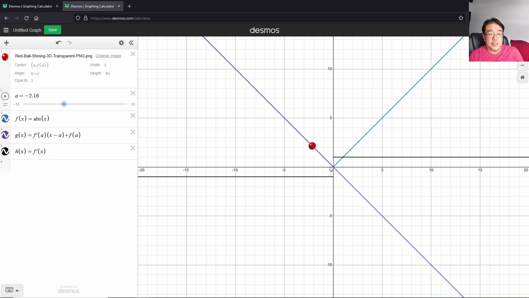Because the derivative as we approach from the left-hand side would be -1, but as we approach from the right-hand side would be +1, at 0 the function is not differentiable, because it does jump at this value of x equals 0. So hopefully that gives you a little insight about the relationship between the graph of a function and its derivative.